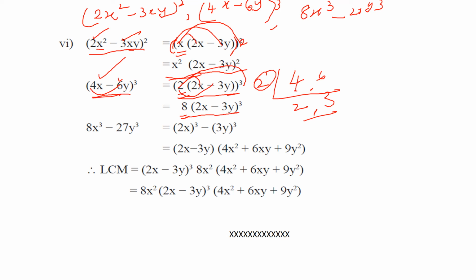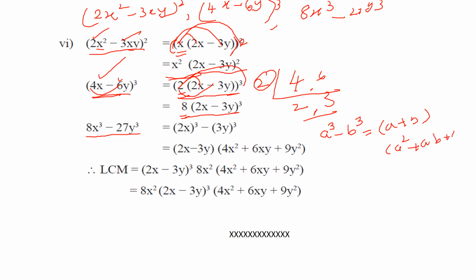Third one, 8x cube minus 27y cube. Here also there is one algebraic identity, that is a cube minus b cube equal to a minus b into a squared plus ab plus b squared.